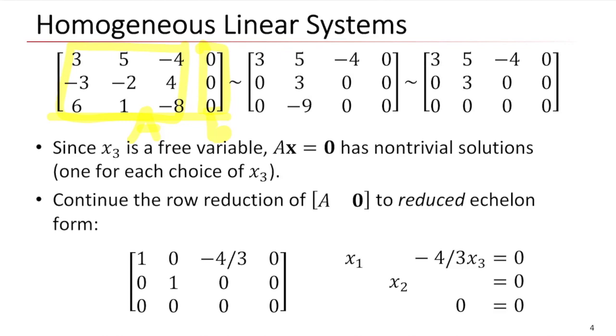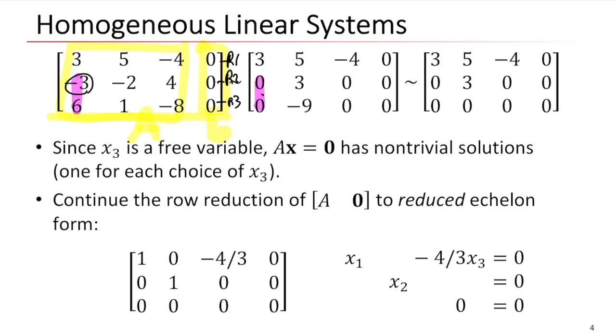So to convert this original matrix into the echelon form, what should we do? First of all, we have to remove this part, right? How can we do that? Let's say this is row 1, row 2, row 3.